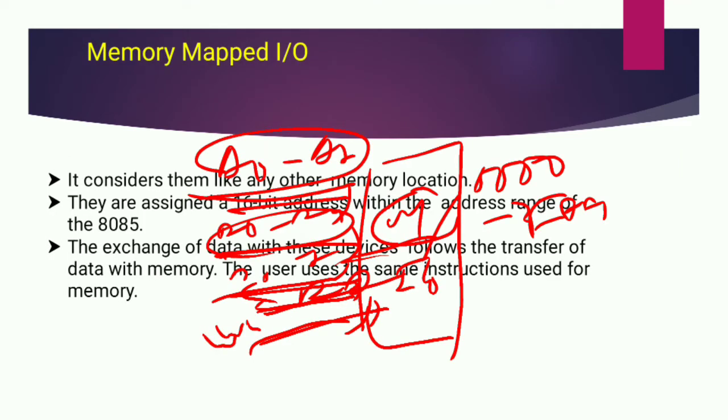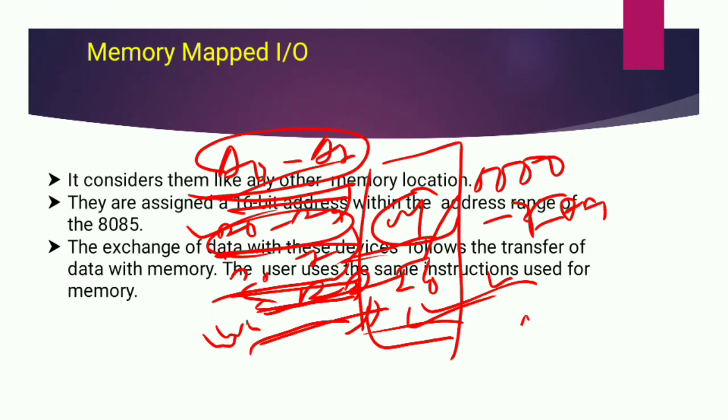In memory mapped I/O, the same address space is used for both memory and I/O. The microprocessor uses 16 address lines, that is A0 to A7 and A8 to A15, for the memory as well as for the I/O devices. The I/O devices share the address space with the memory. All the memory related instructions are used for addressing I/O devices also.